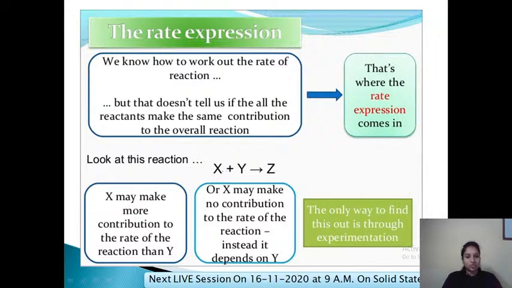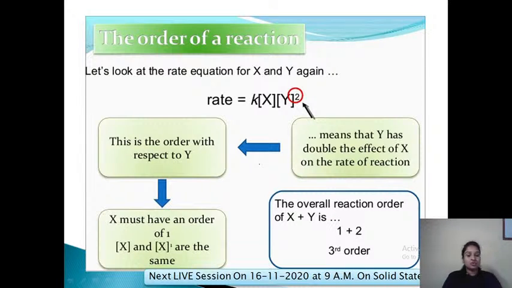Maybe X is contributing more, maybe Y is contributing more, or both of them may be contributing equally. So how to know this? This is completely experimental data which we need to find through experiments. So this can be known through order of a particular reaction.